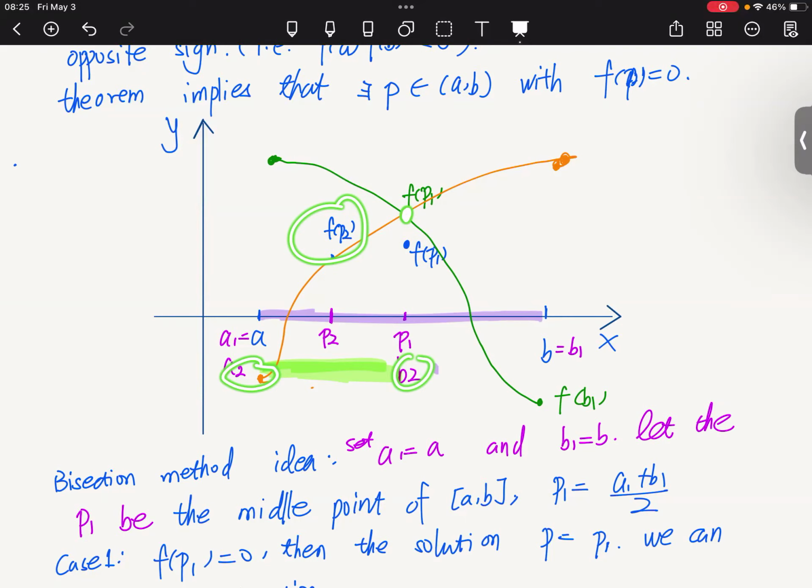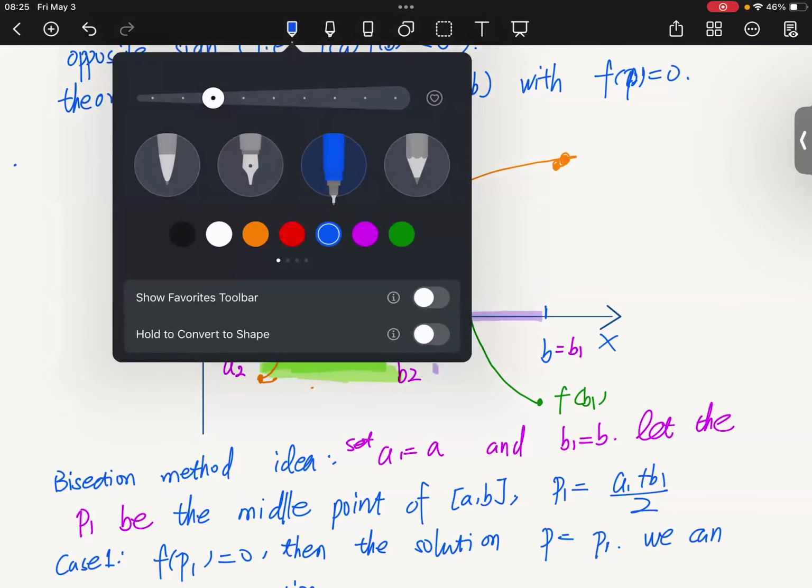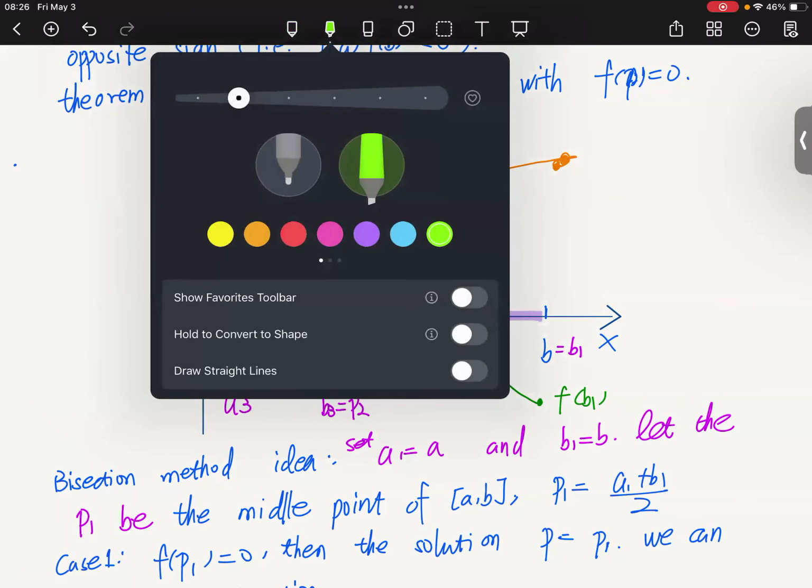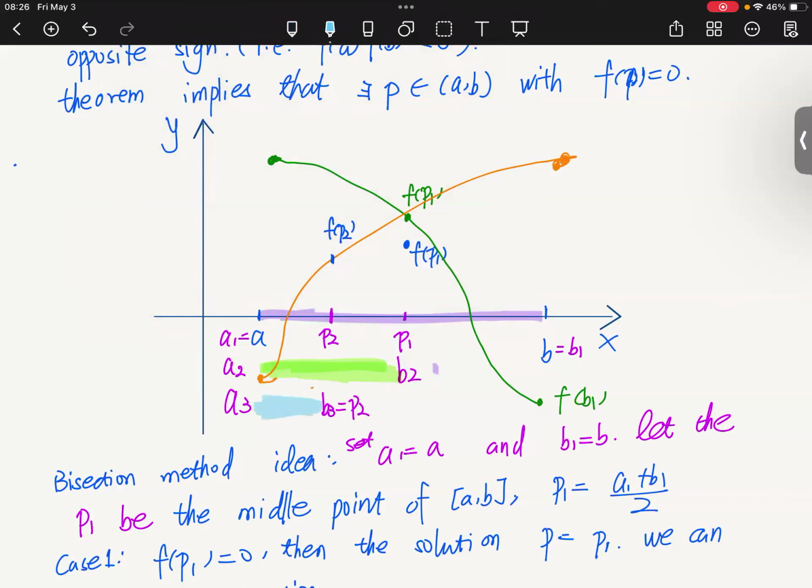Each time, the left endpoint and right endpoint have opposite signs for the function value. This is the new interval A3 and B3, where B3 equals B2. We are going to try to find our solution of f(x) in this new interval. Does it make sense now? One more iteration, and let's go to the next part.